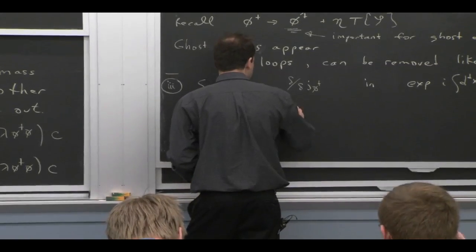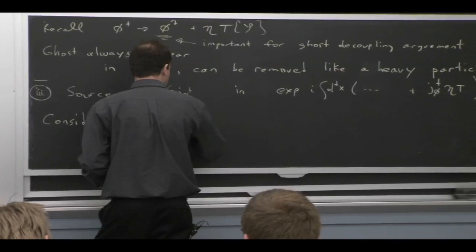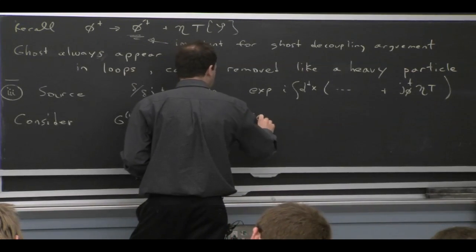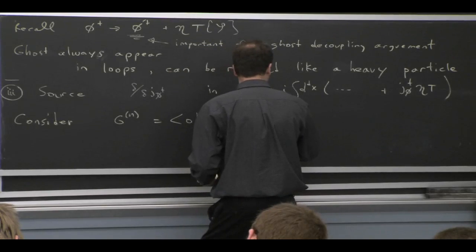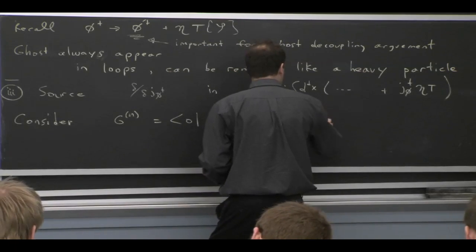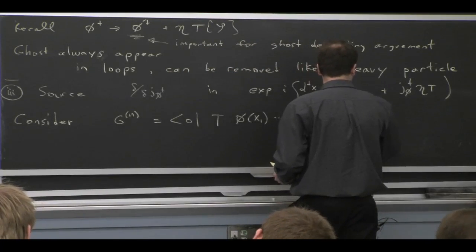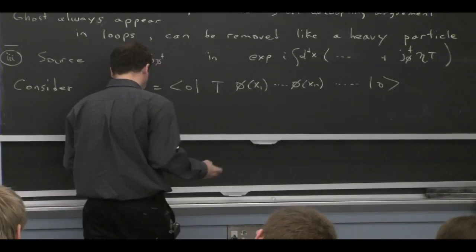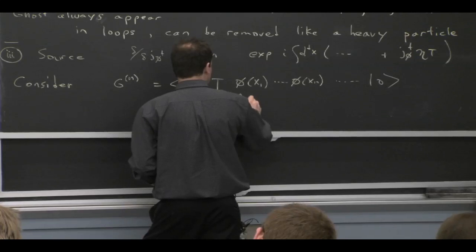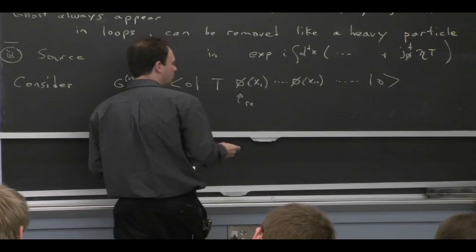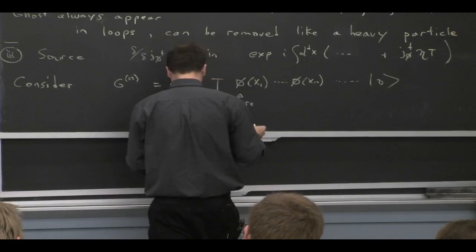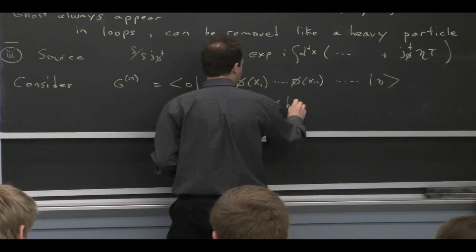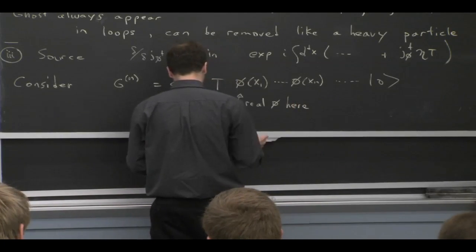So let's start by considering some Green's functions, or time order products. I'm just taking a string of fields. I could have some other fields here as well. I'm going to make my life a little easier by taking the phi to be real.